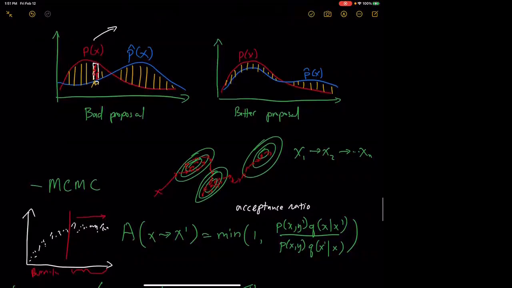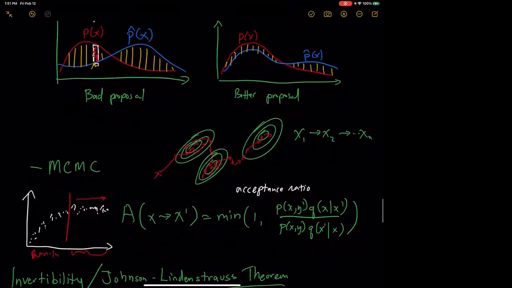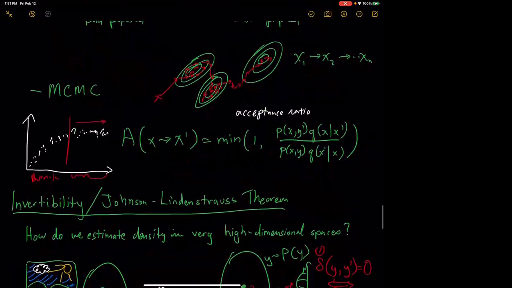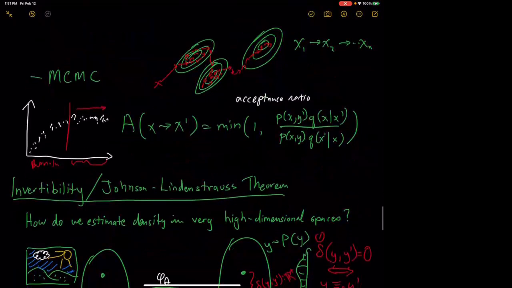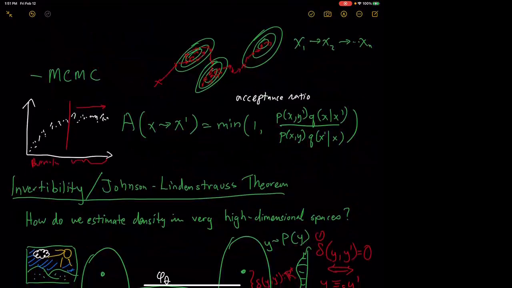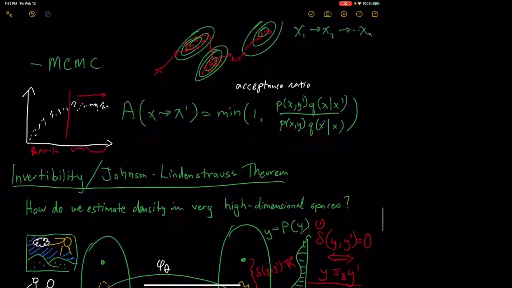It turns out that there are some nice properties for these approximate density estimators. And if our distribution has certain structural properties, then we might not need to do this exact style of computation. We might be able to approximate it.